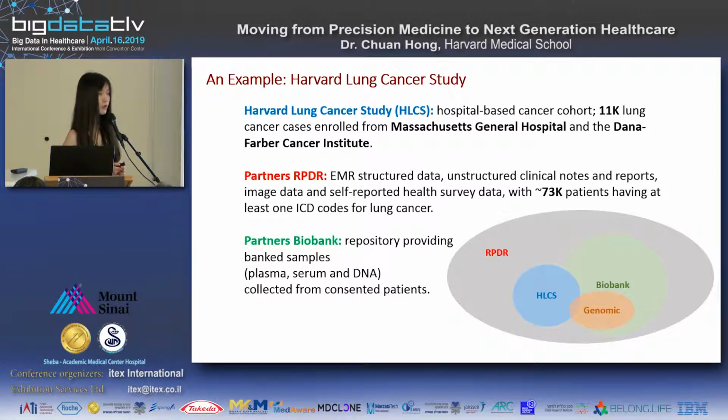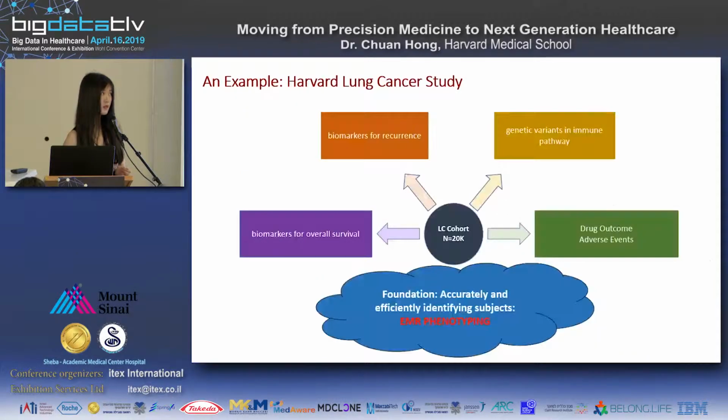After that, we linked the patient data with the Partners Biobank, so we have the DNA and plasma data of these patients. With all this data linked together, we can do research, for example, biomarker evaluation and identification for lung cancer survival and recurrence.